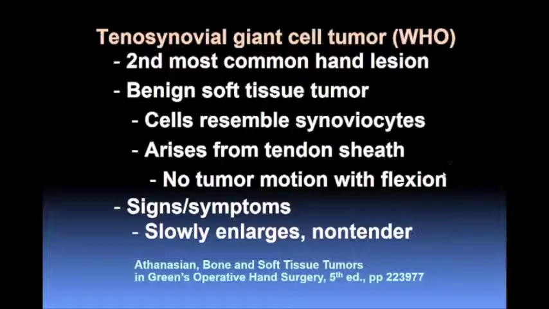So likewise, if the patient were to move their fingers and flex them, the giant cell tumor would not move. Typically, these slowly enlarge and they're non-tender, and I've seen patients wait until virtually their entire finger from DIP up to MCP has just this sort of lobulated, firm tumor growing up their finger.